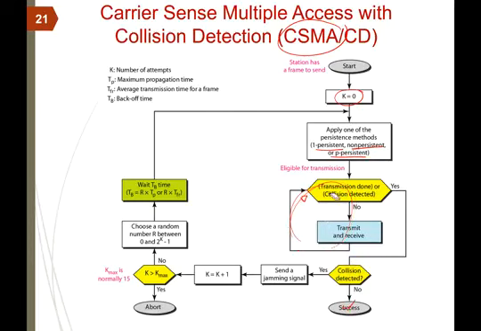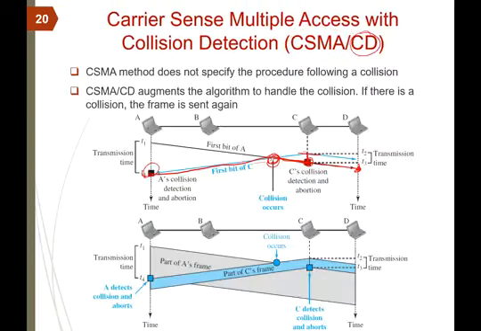But if a collision is detected, then send a jamming signal. So here, for example, a collision happened, okay? This station does not know yet that a collision happened. The collision has to travel back or go this way. So which one will receive the jamming signal? C will first know about the collision, because it's closest to the collision point.